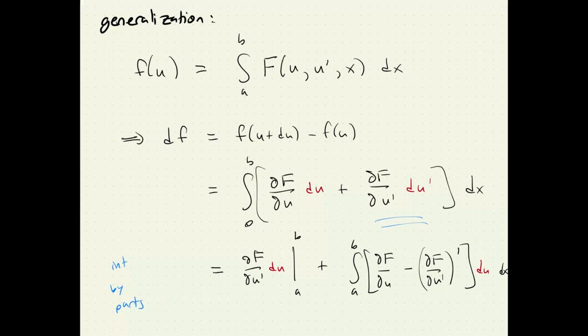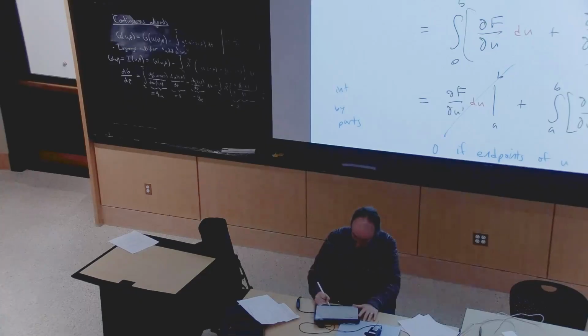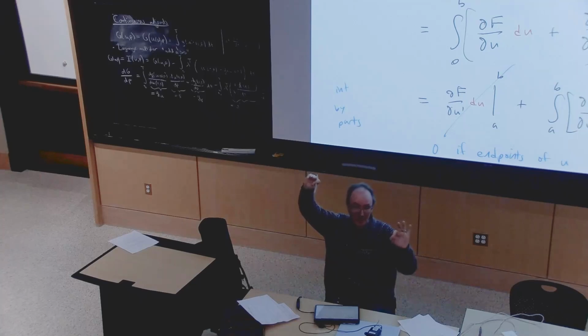I'm just suppressing all those. And this boundary term, we're going to set to 0 if the endpoints of u are fixed. So if we keep u fixed at the endpoints, then we're going to only allow changes, du's, that are arbitrary functions, but at the endpoints they have to be 0.